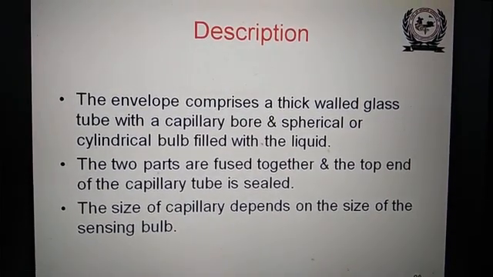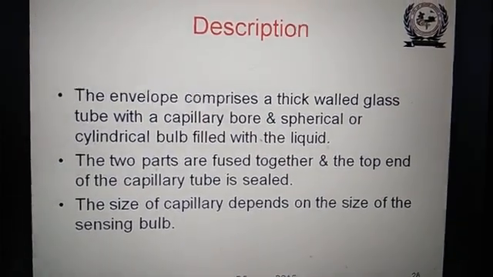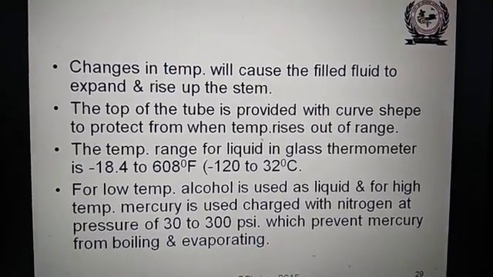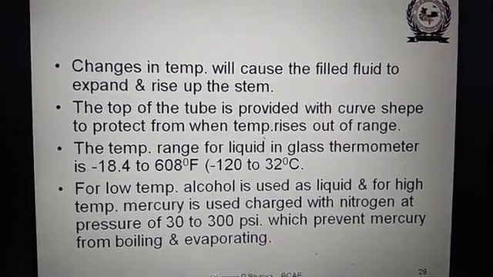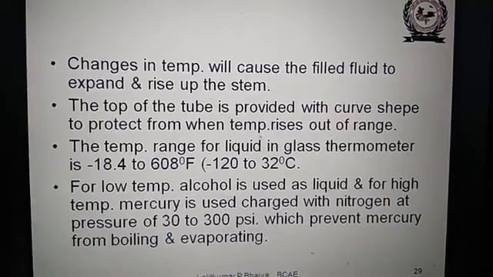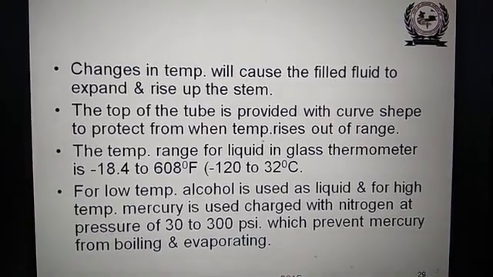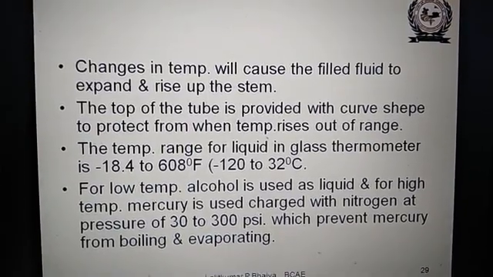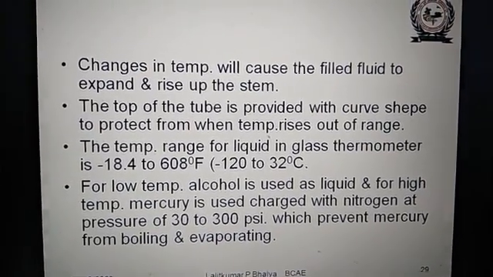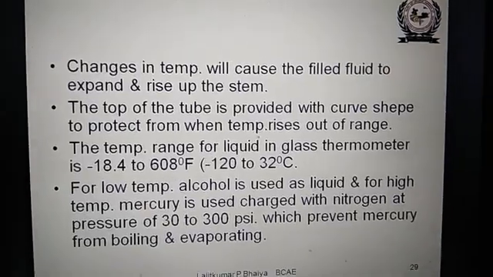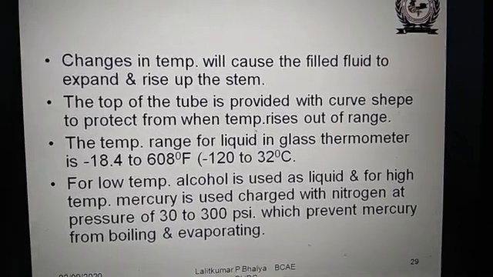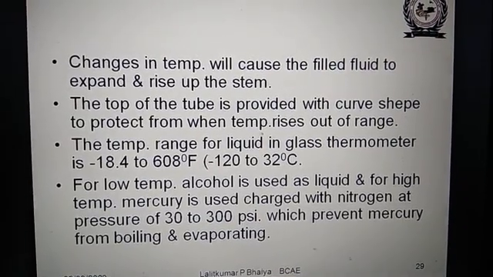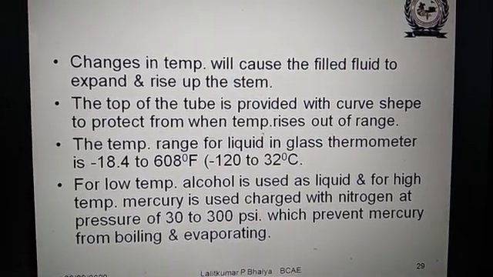The size of the capillary depends on the size of the sensing bulb. Changes in temperature will cause the filled fluid to expand and rise up the stem, because this liquid is filled in the glass. The top of the tube is provided with curve shape to protect from when temperature rises out of range.